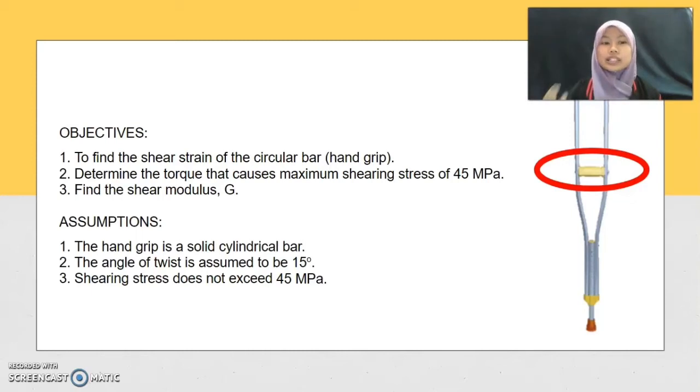And lastly, we want to find the shear modulus, G. To find these, we have to make some assumptions. First, we assume the hand grip is a solid cylindrical bar and the angle of twist is assumed to be 15 degrees. And we decided to put the shearing stress not exceeding 45 megapascal.